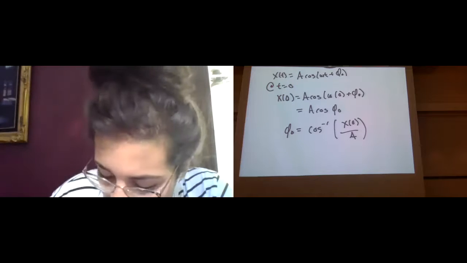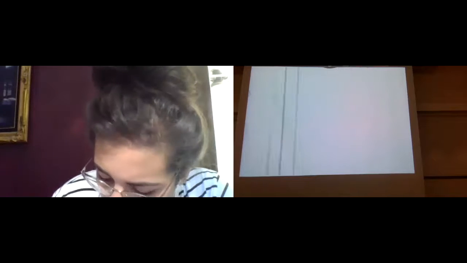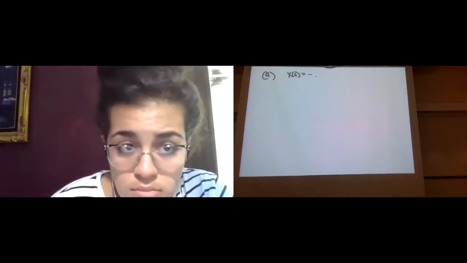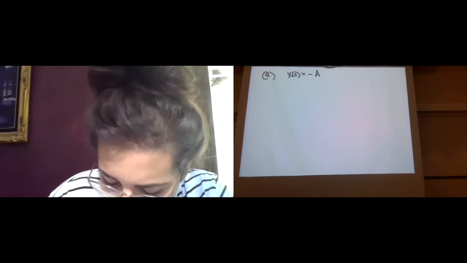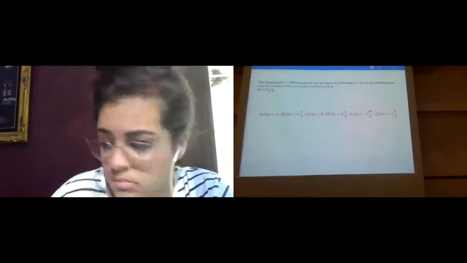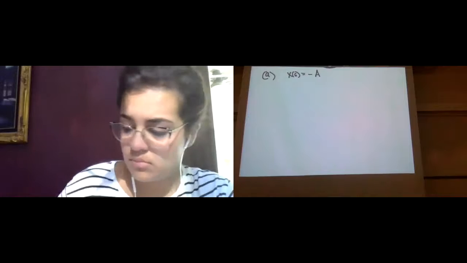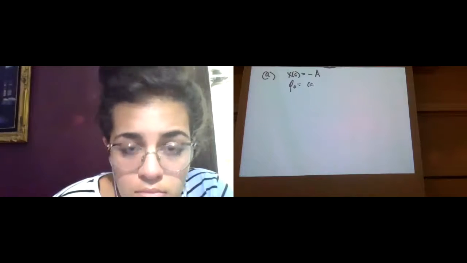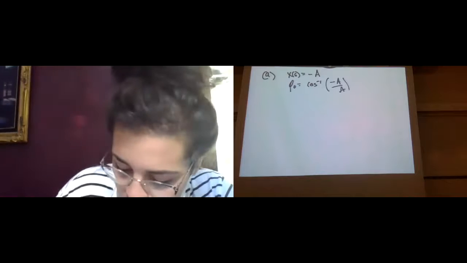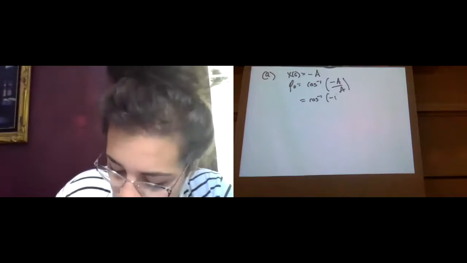So far so good. Let's go ahead and do this. For part A, what do we know? We know that x of 0 was equal to negative the amplitude. So the phase factor is equal to the inverse cosine of negative the amplitude divided by the amplitude, which is the same thing as the inverse cosine of -1.